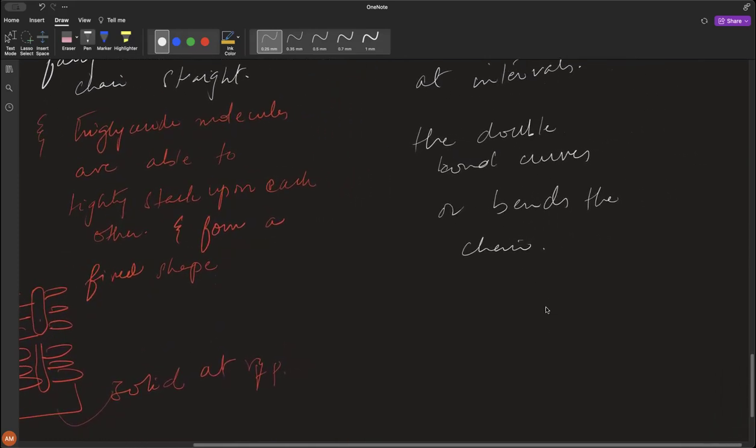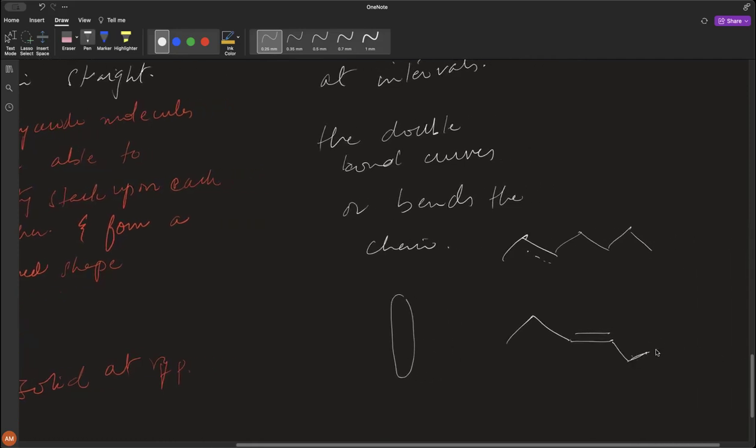How? See, this is glycerol, and these were the normal chain, right? If there is a double bond here somewhere, let's say here, this will become bent. This is going to bend. You see, there is a bend.